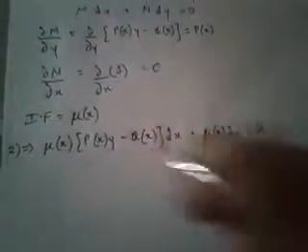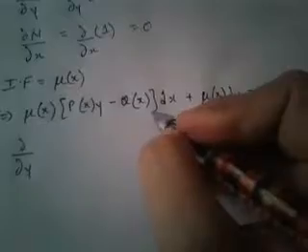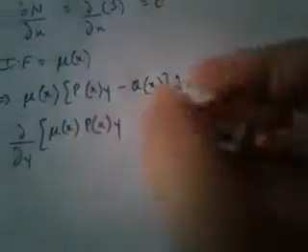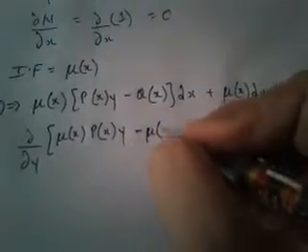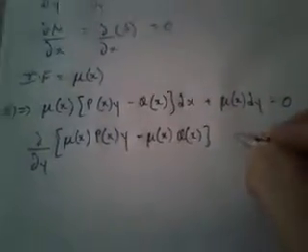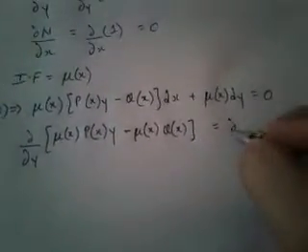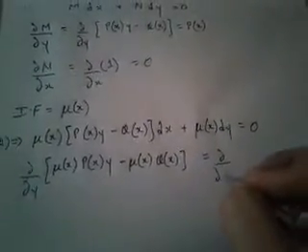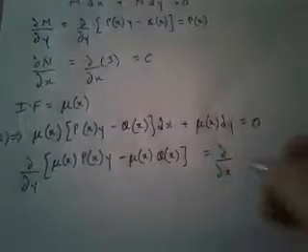So you see here, the partial derivative of this whole thing is M, right? So the partial derivative of this M with respect to y will be equal to the partial derivative of mu of x with respect to x.